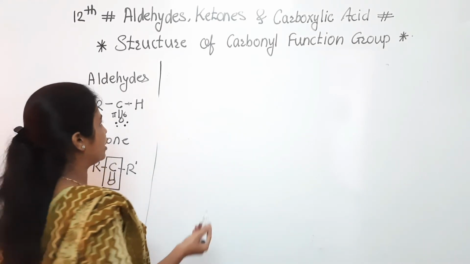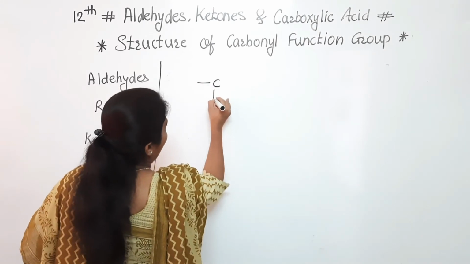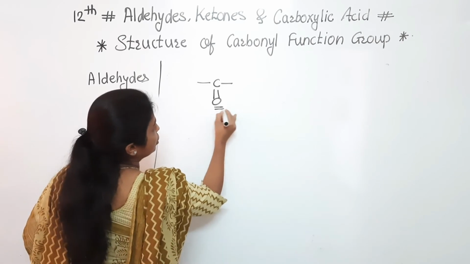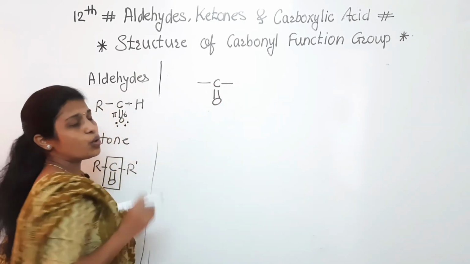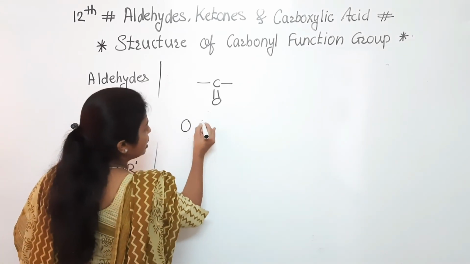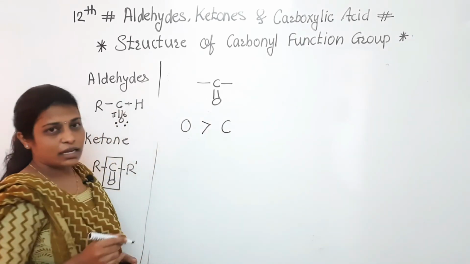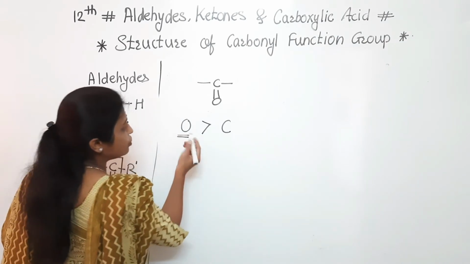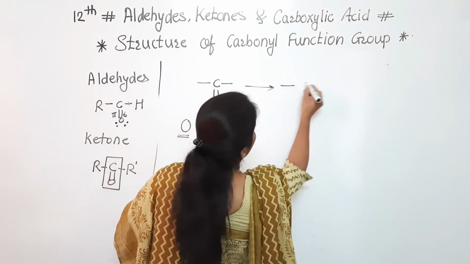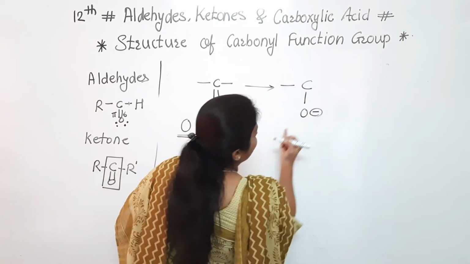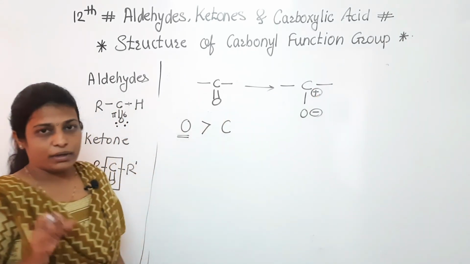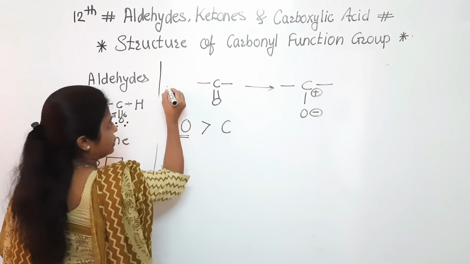So in the carbonyl group, if we compare the electronegativity of oxygen and carbon, oxygen is more electronegative than carbon. So oxygen will pull the electron pair towards itself. Because of that, a partial negative charge will be on the oxygen and a partial positive charge will be on the carbon. Clear to everyone?